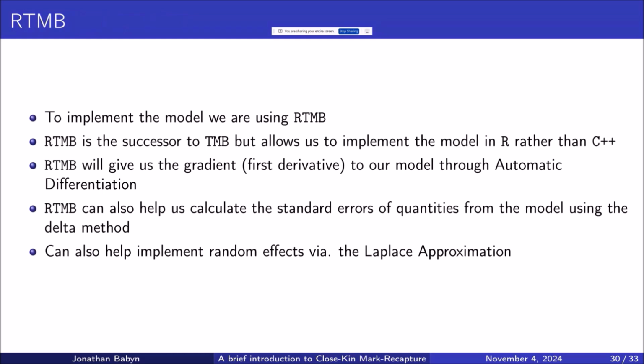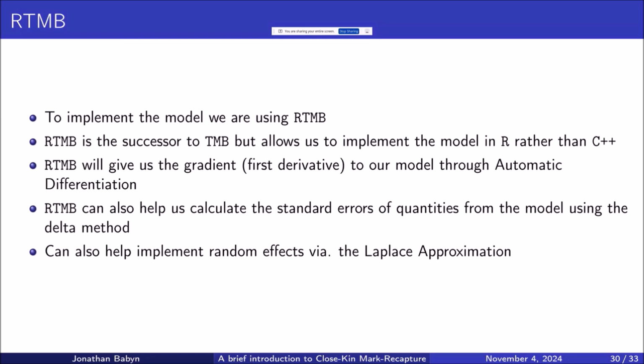So to actually implement this model, we're going to be using RTMB. It's kind of the successor or spinoff of Template Model Builder, if you've heard of it, or TMB. TMB and RTMB will automatically give us the derivatives of our model, which will help with finding the optimal parameters. And they can also help us calculate standard errors for different quantities.